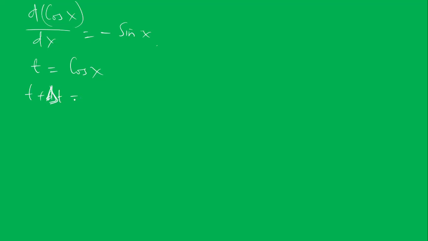Now let's work on the other one. You have d cos x all over dx is equal to minus sine x. Now let's assume, let's use t is equal to cos x. So t plus delta t is equal to cos of x plus delta x.